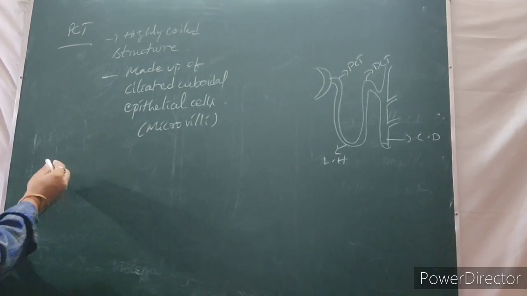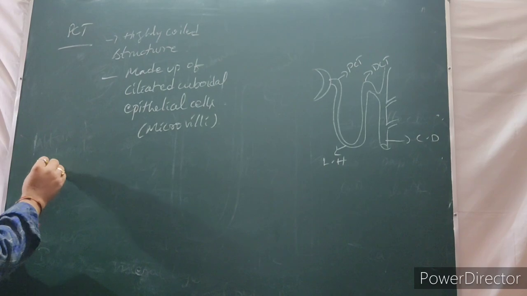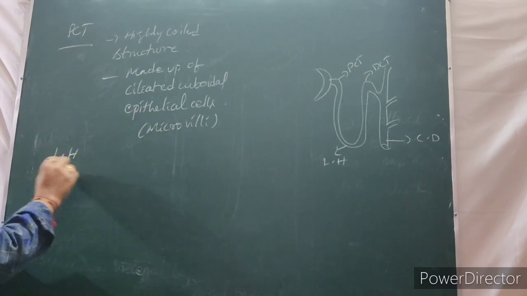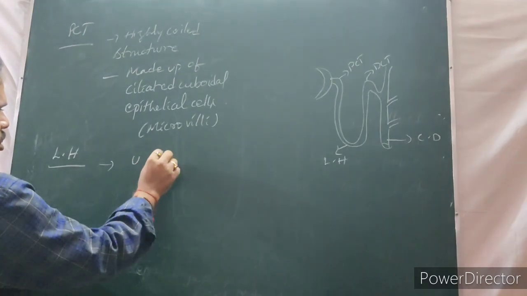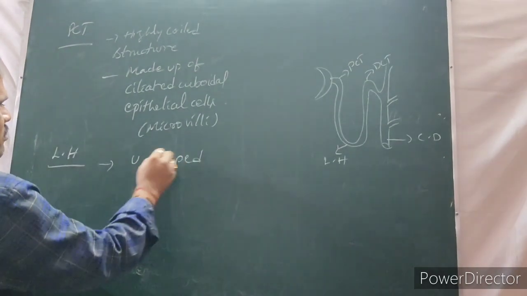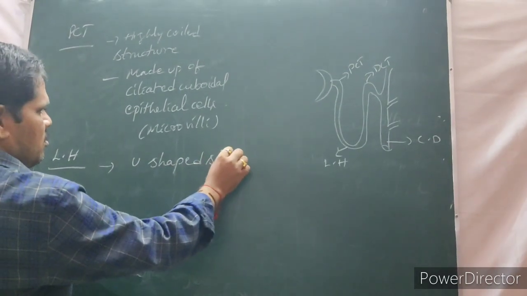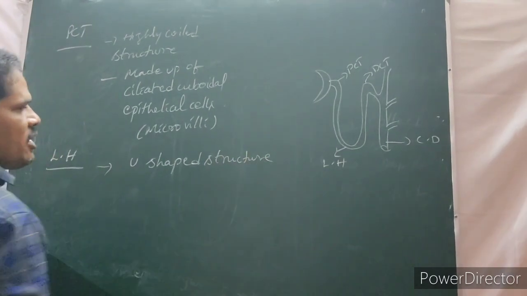The next one, Henle's loop or loop of Henle. The loop of Henle is a U-shaped structure which is having two limbs.